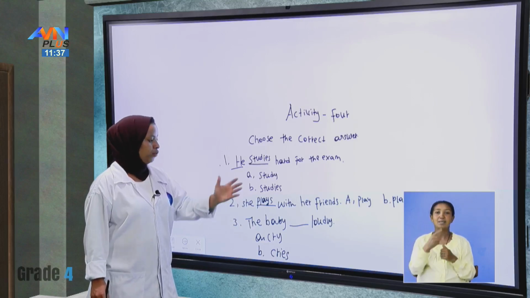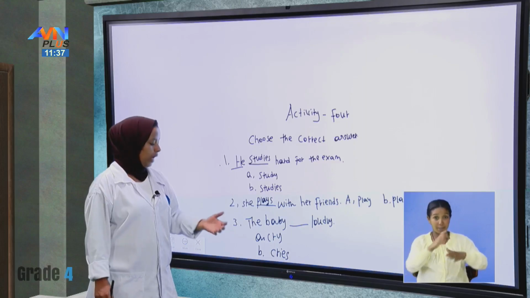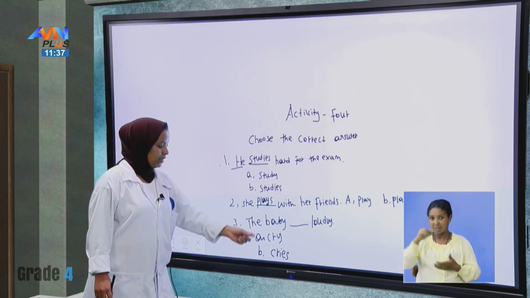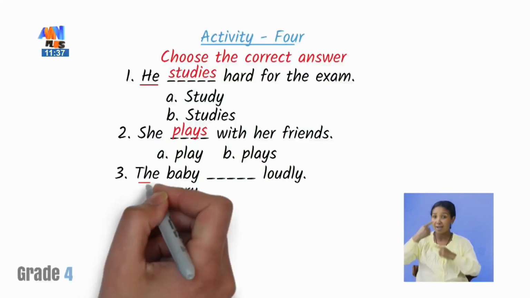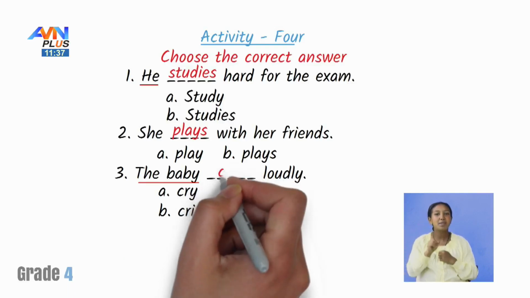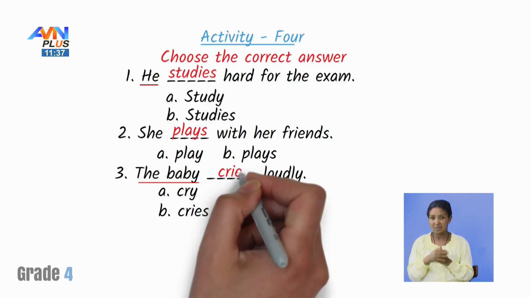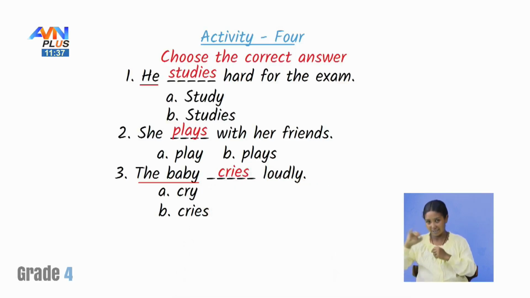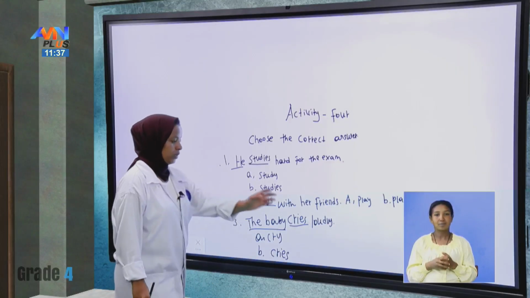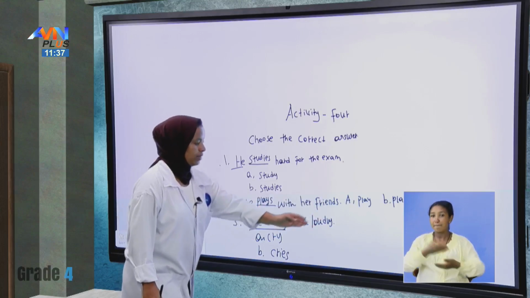The baby blank loudly. Here is cry and also cries. So the baby is a singular subject, so we are going to use cries. The baby cries loudly.